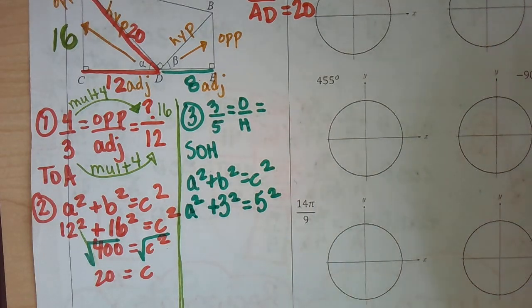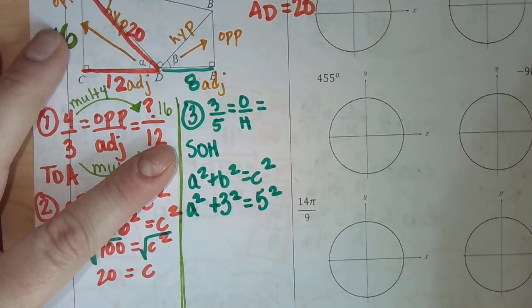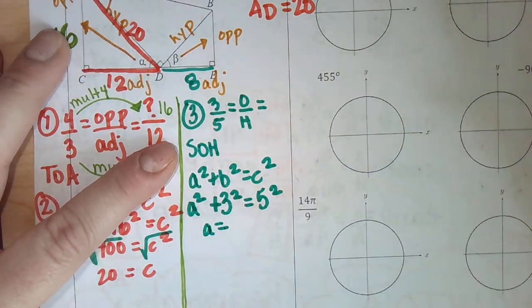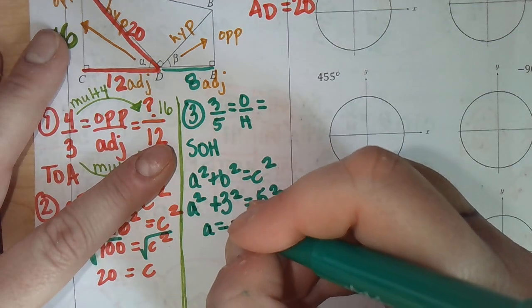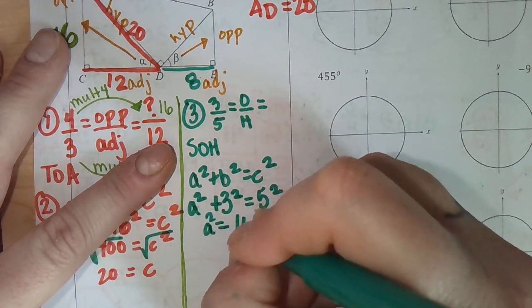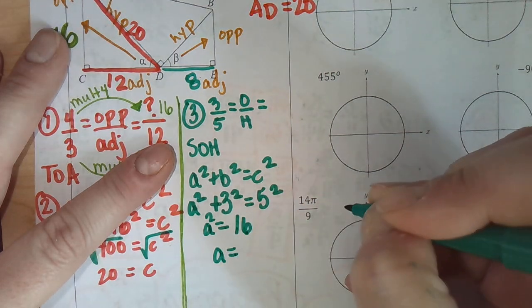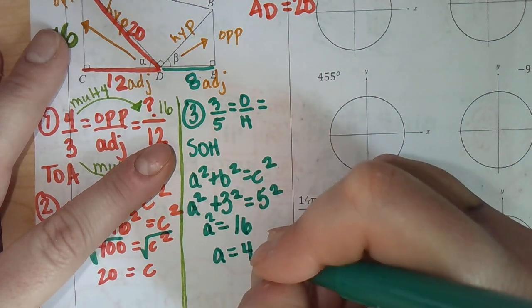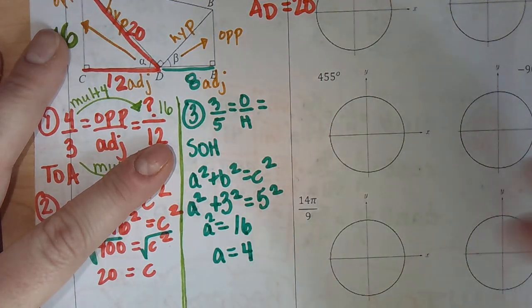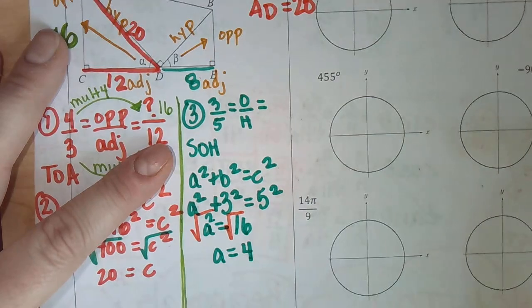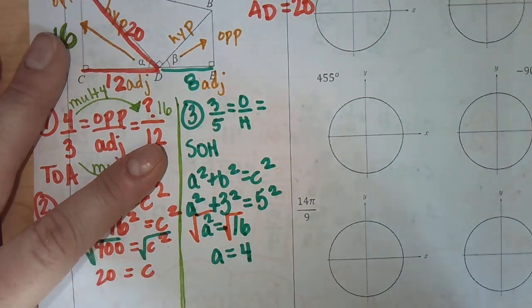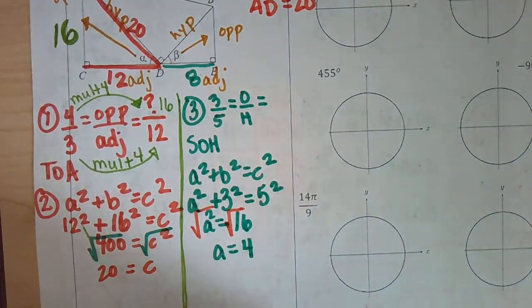Okay, this makes a squared plus 9 equals 25. 25 minus 9 is 16. Square root of 16 is 4. Okay, so that does not mean the adjacent is 4. It means the reduced adjacent is 4.